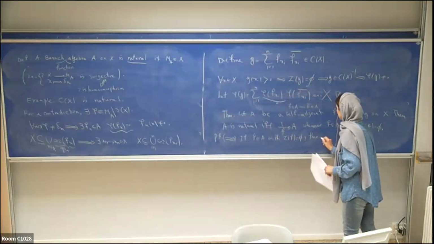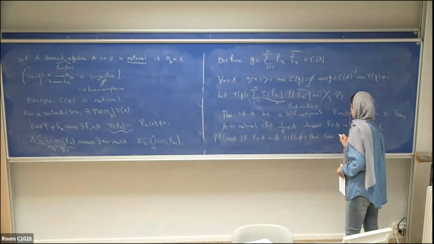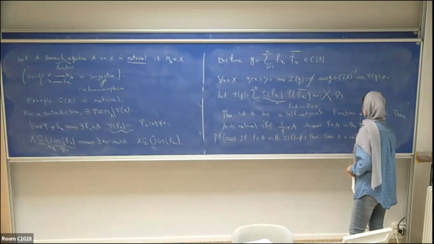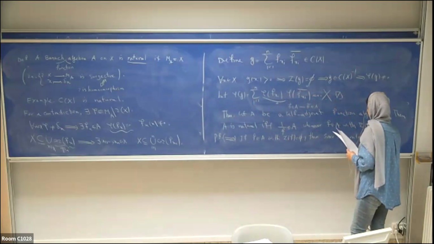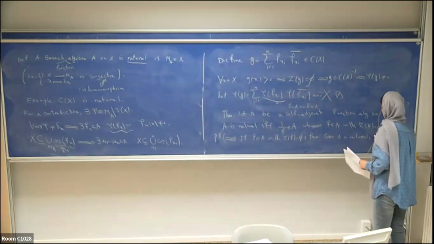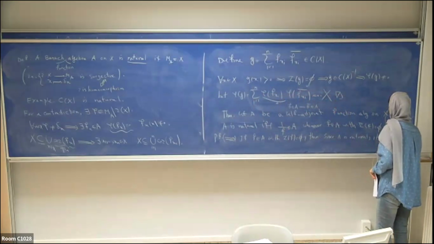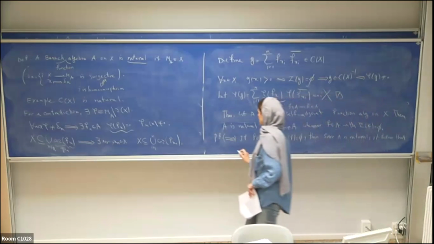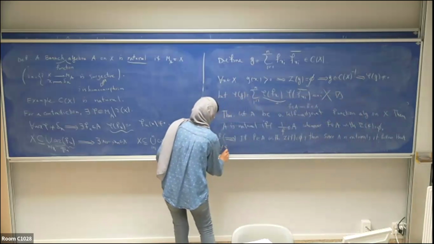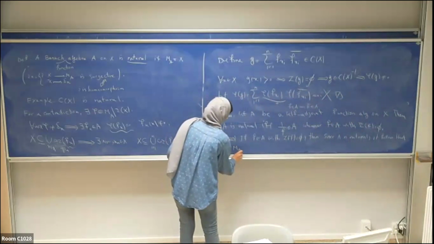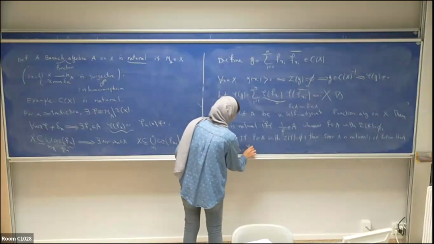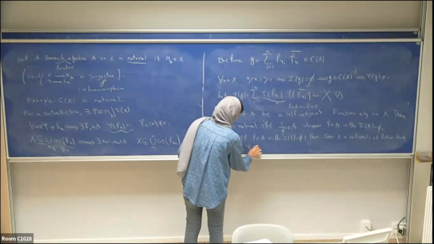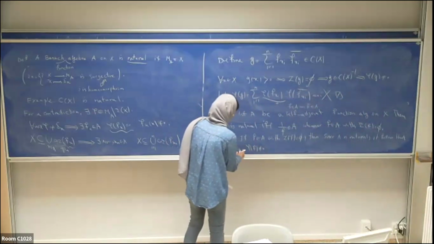Then since A is natural, it follows that for each phi in M of A, phi of F is not 0.